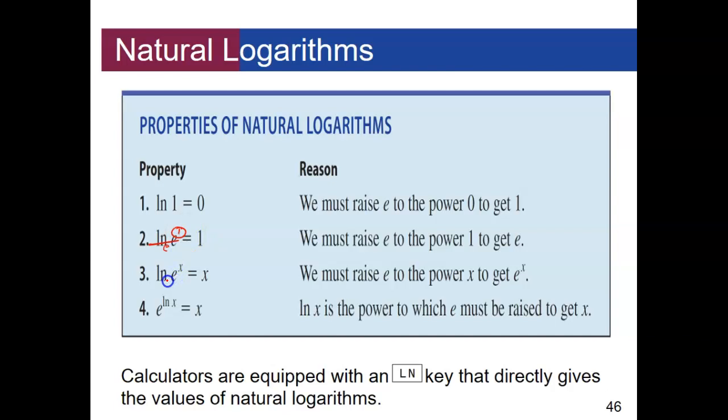Same thing here, these have the same base, so they cancel and you're left with x. And also here they cancel and you're left with x. And the reason they're canceling is because of that inverse property that says if you compose 2 inverses together, then they're going to cancel and leave you with just the x.